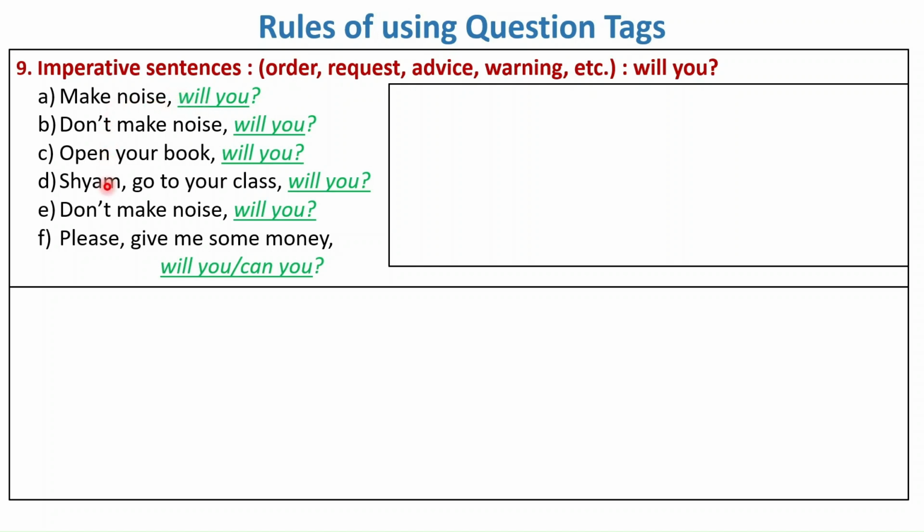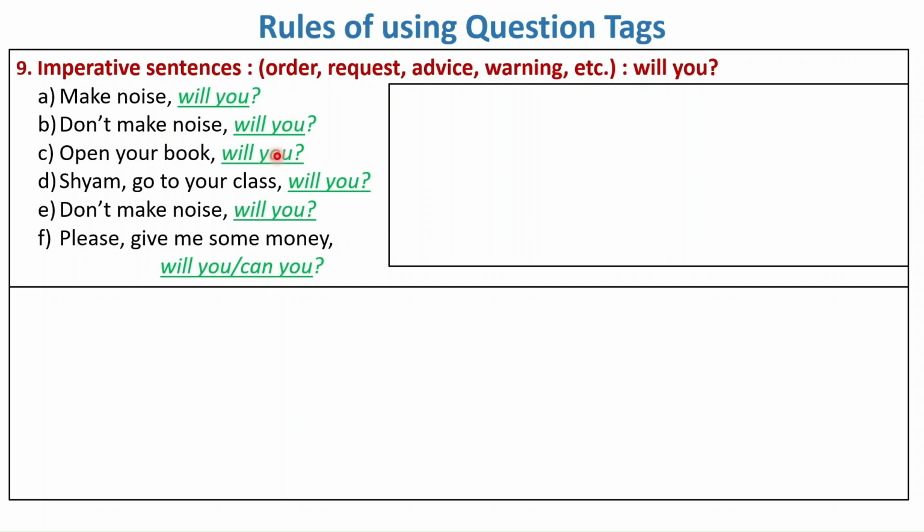In both the sentences, we use will you. Make noise, will you? Don't make noise, will you? Open your book, will you? Sam, go to your class, will you? Don't make noise, will you? Please give me some money, will you or can you?